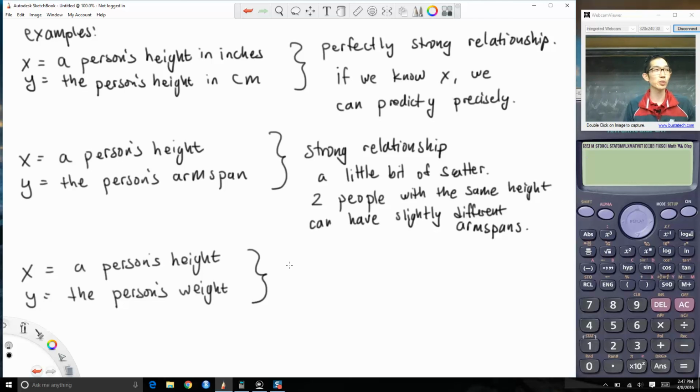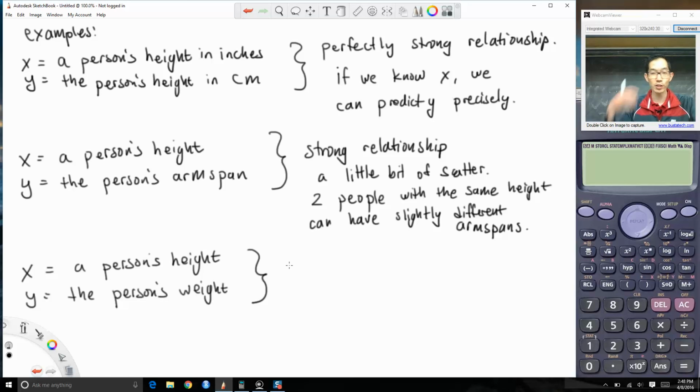In general, we expect people who are tall to weigh more than people who are short, but as far as how well you can predict someone's weight if you only know this person's height, your predictions will probably not be as good because there's a lot more variation in people's weight.